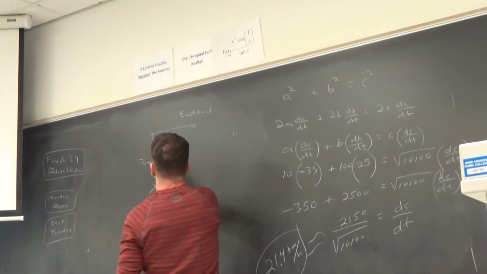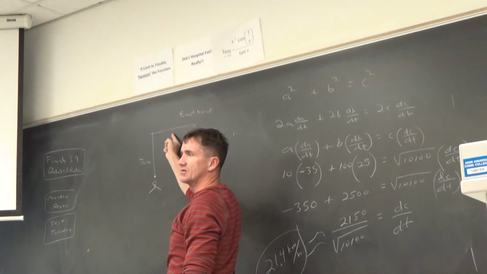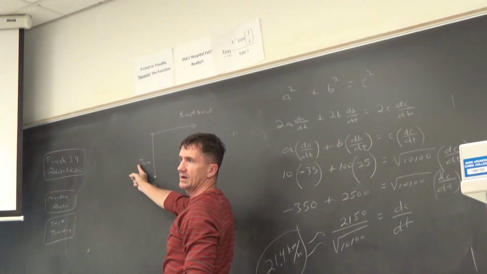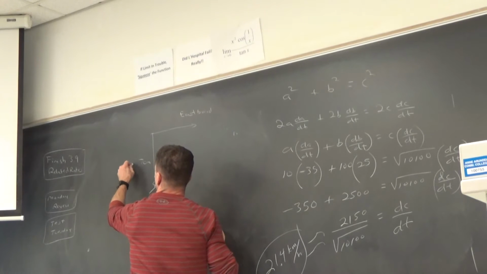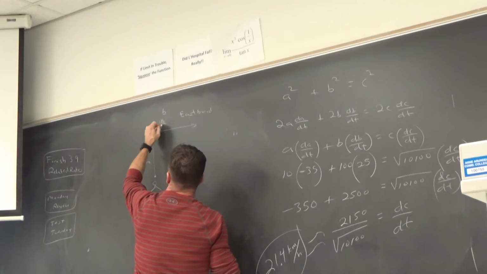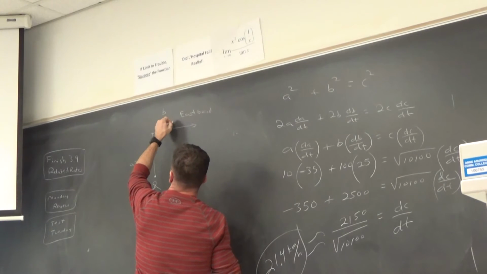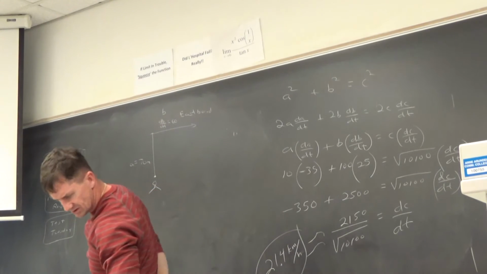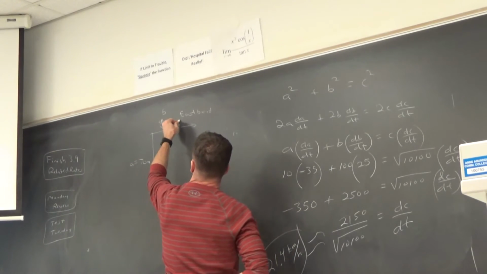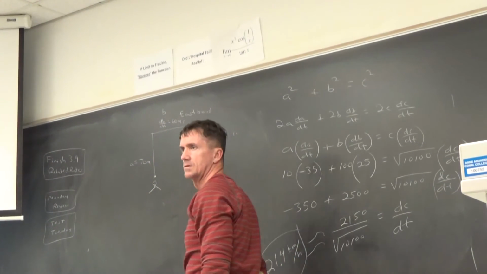And that length's increasing, isn't it? All right. Am I okay if I call that A? You're right. This side's B, and dB/dt I can already call 60. What are the units? Meters per second.